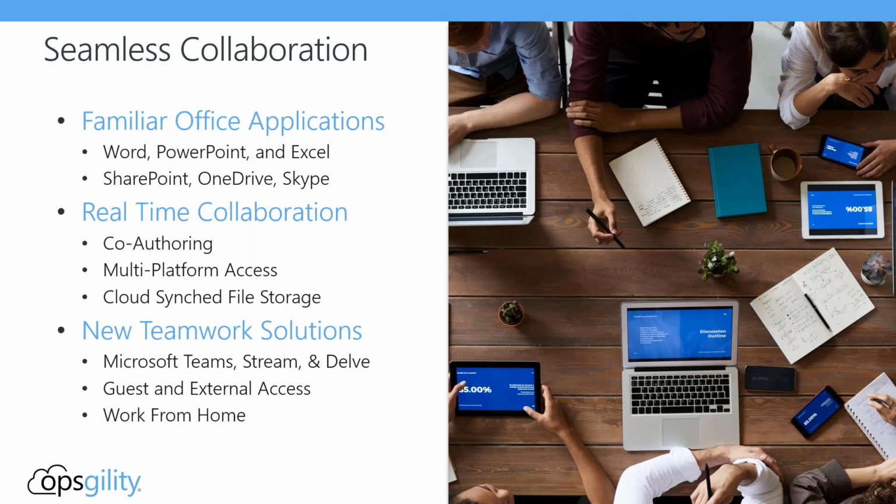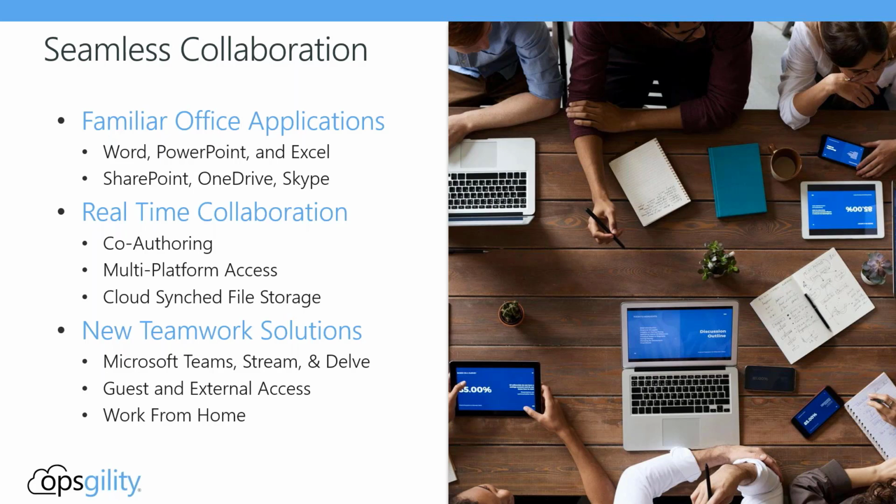So when we're talking about the services available with 365, we invite you to think of it as a seamless collaboration service. Many users have had experience over the past couple of years getting on board with real-time collaboration features that are available through suites like, let's say, Google Apps, or even Microsoft 365 if you've been an early adopter of it.